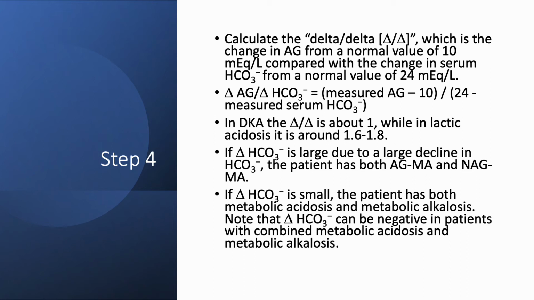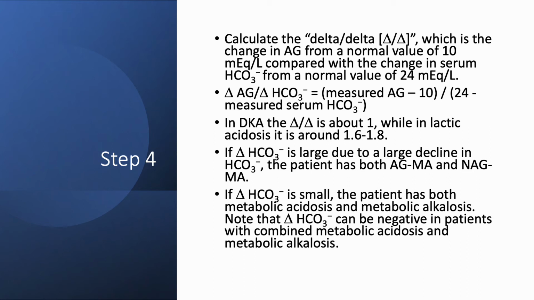On the other hand, if the drop in bicarb is so small compared to the rise in anion gap, then you have metabolic acidosis and metabolic alkalosis. This seems counterintuitive. How can you have metabolic acidosis and metabolic alkalosis at the same time? Well, you can. For example, someone with diabetic ketoacidosis who is throwing up a lot. This is a common situation.